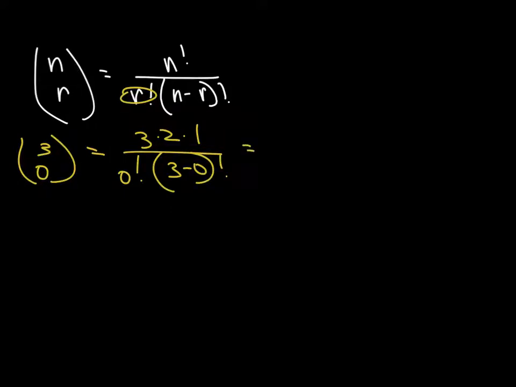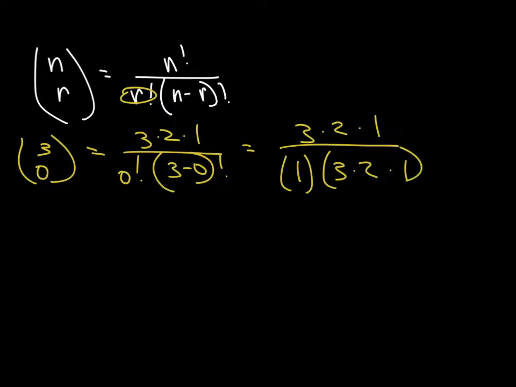Alright, so what do we get here? 3 times 2 times 1 over 0 factorial. And one of the things about factorials is when you have 0 factorial, that always equals 1. Okay, I know, really, really weird, but that's the way it's going to be. So 3 minus 0 is 3 factorial.